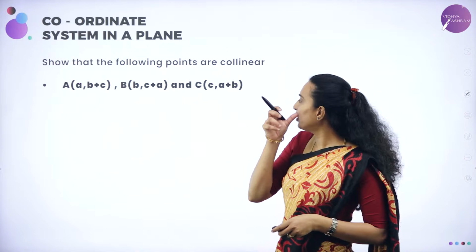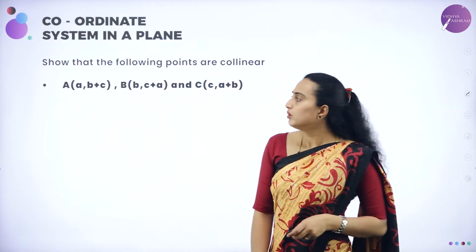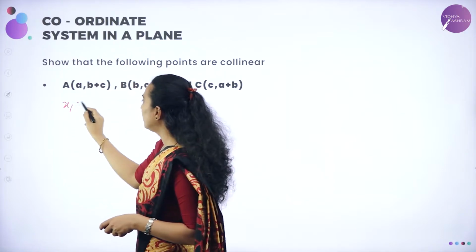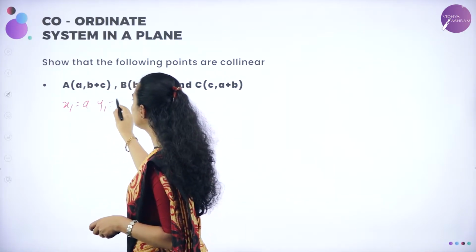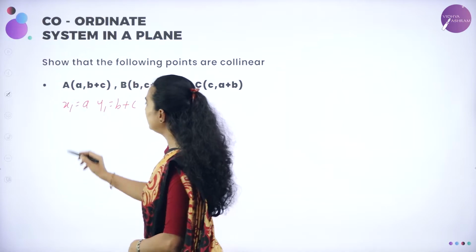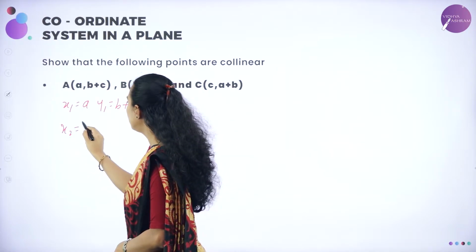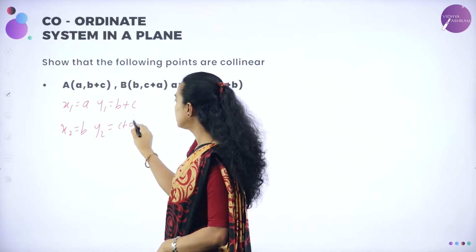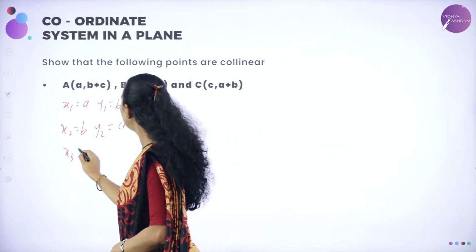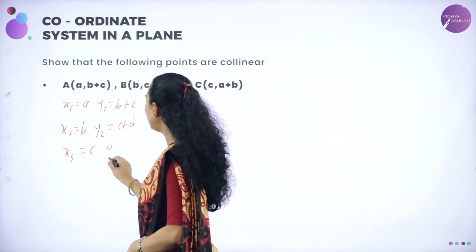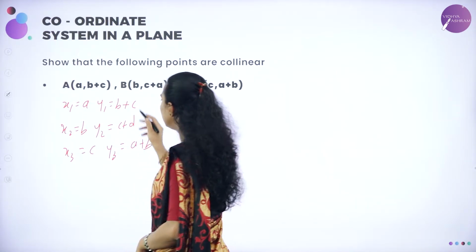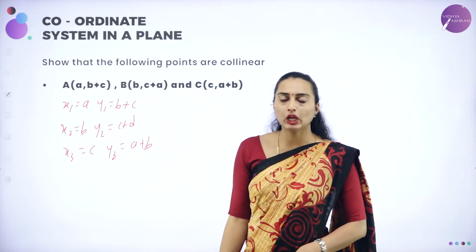Show that the following points are collinear. What are the following points? A of, let me take it as x1 is equal to A, y1 is equal to B plus C. And then x2 is equal to B, y2 is equal to C plus D. Correct? And then x3 is equal to C and y3 is equal to A plus B. You have to show these points are collinear.